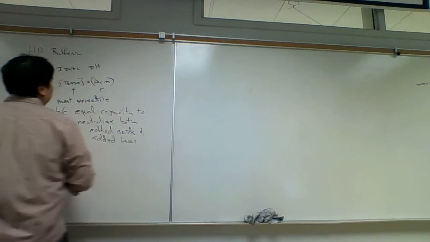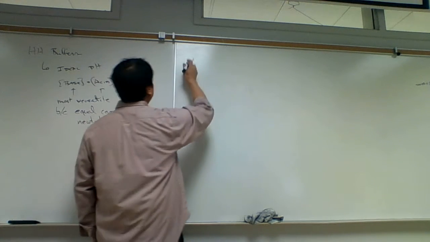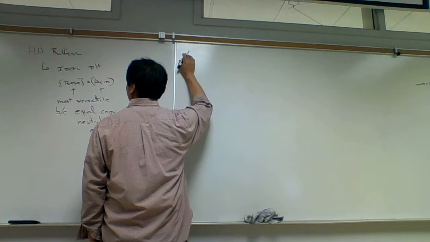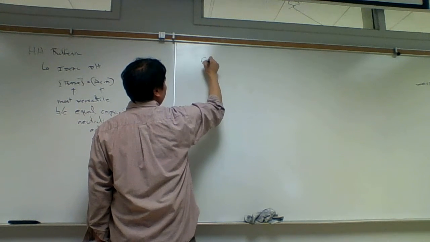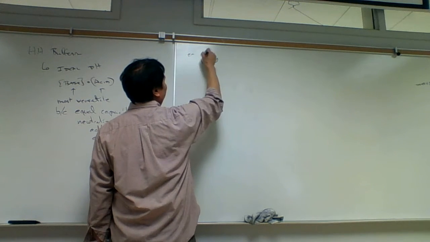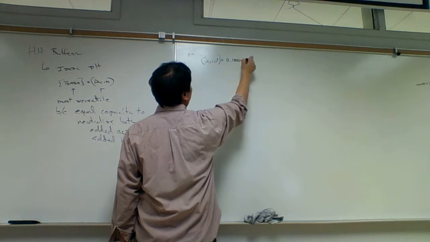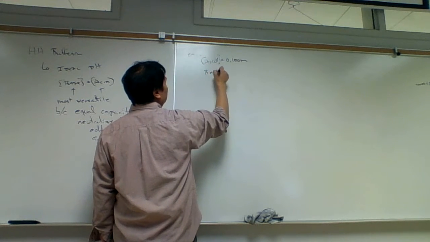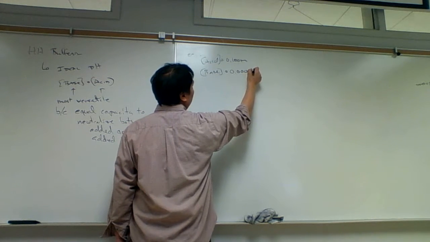So if we have something like this, let's say the acid concentration were 0.100 molar, but the base concentration were 0.0000100 molar.